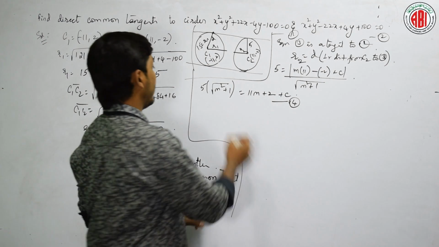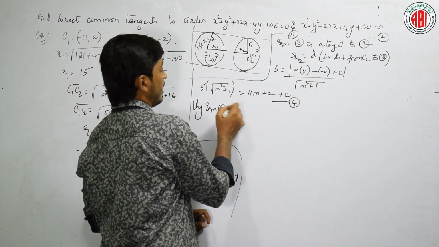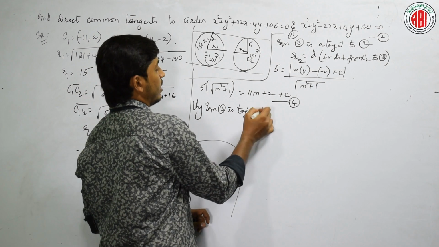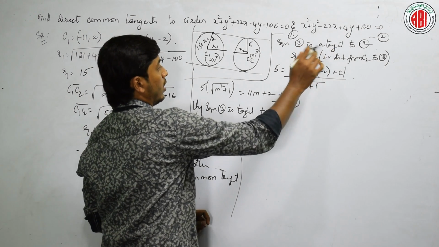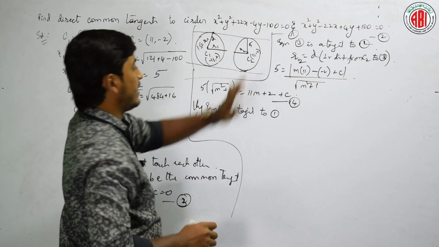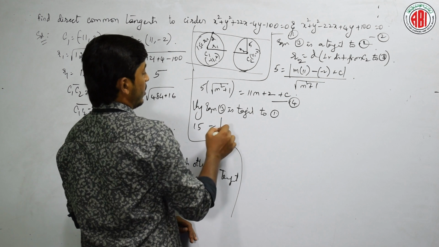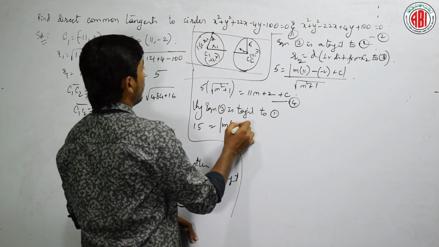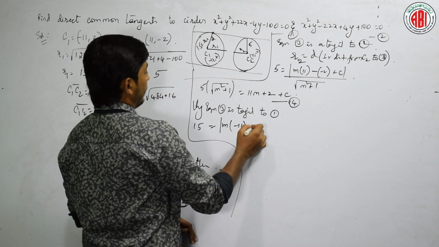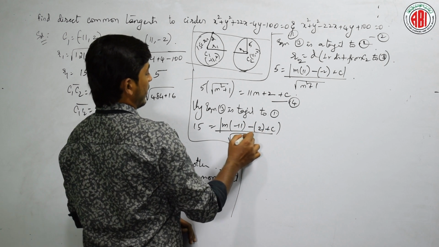Okay. Similarly, we know that equation 3 is tangent to equation 1. So, let us do the same thing for that also. 15 is equal to mod of m into (minus 11) minus 2 plus c, by under root m square plus 1.